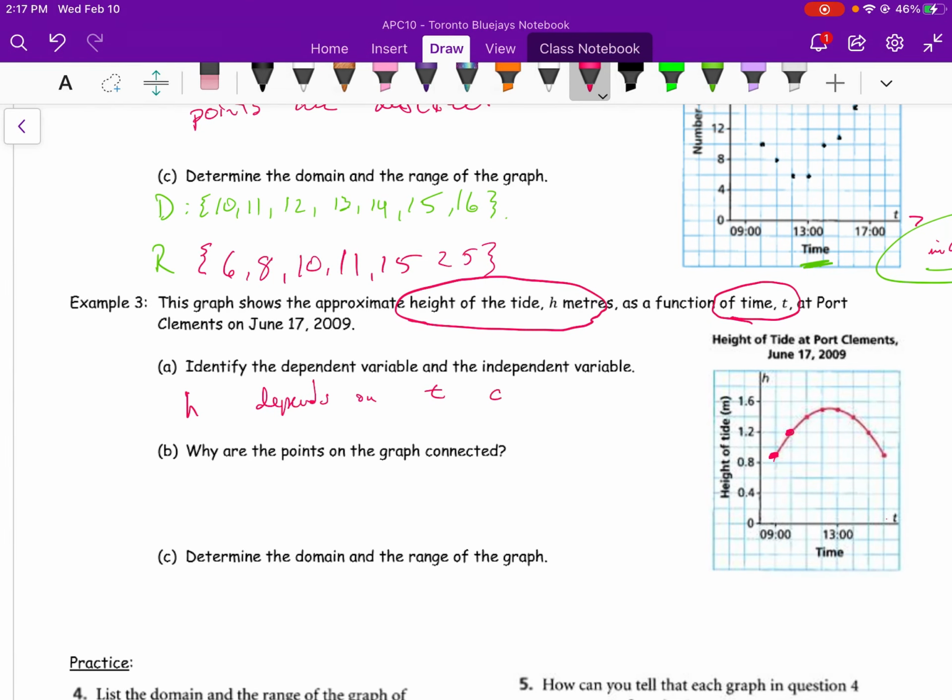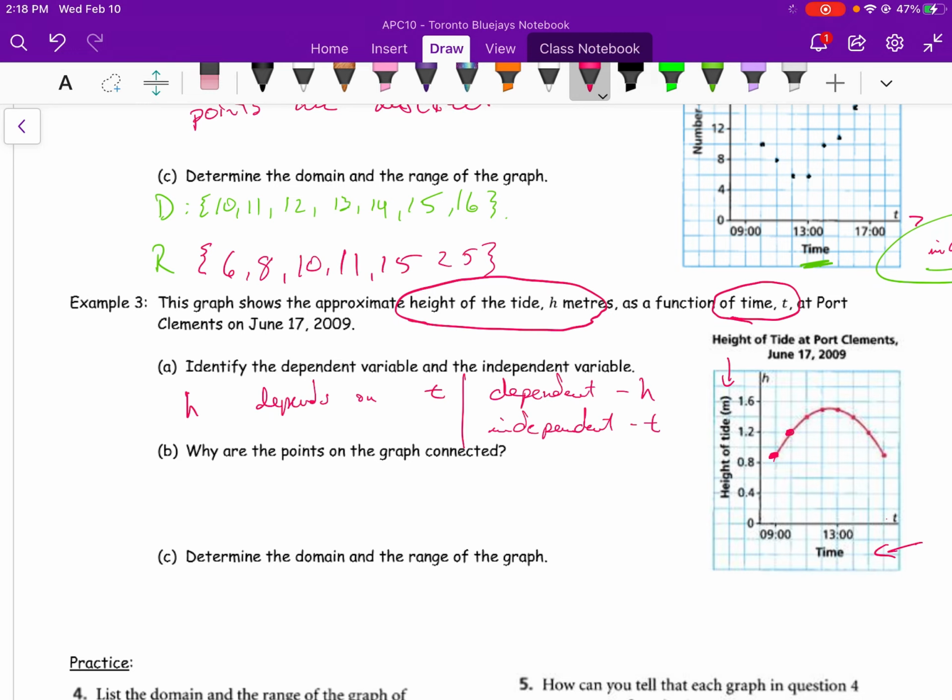So I really have my dependent variable is height. My independent variable is going to be time. And what we can see is, in fact, time is independent, is on the horizontal, and my dependent is the height, is on the vertical axis.